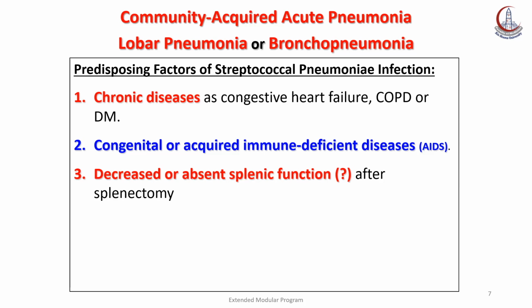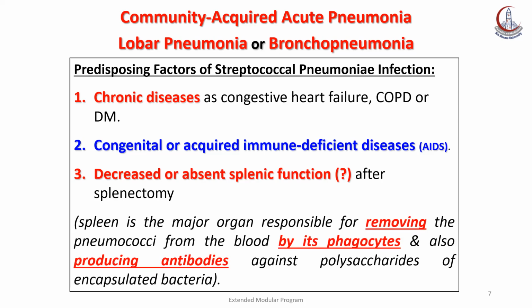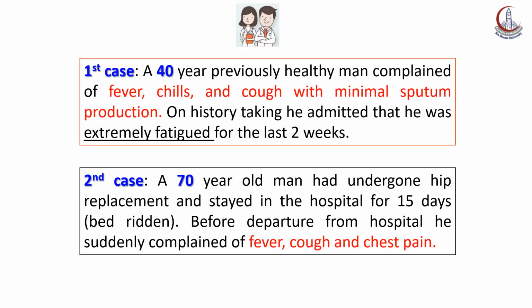Why after splenectomy can this lesion occur? Because the spleen is a major organ responsible for removing pneumococci from the blood during bacteremia by its phagocytic effect and also producing antibodies against the polysaccharides of the encapsulated bacteria.